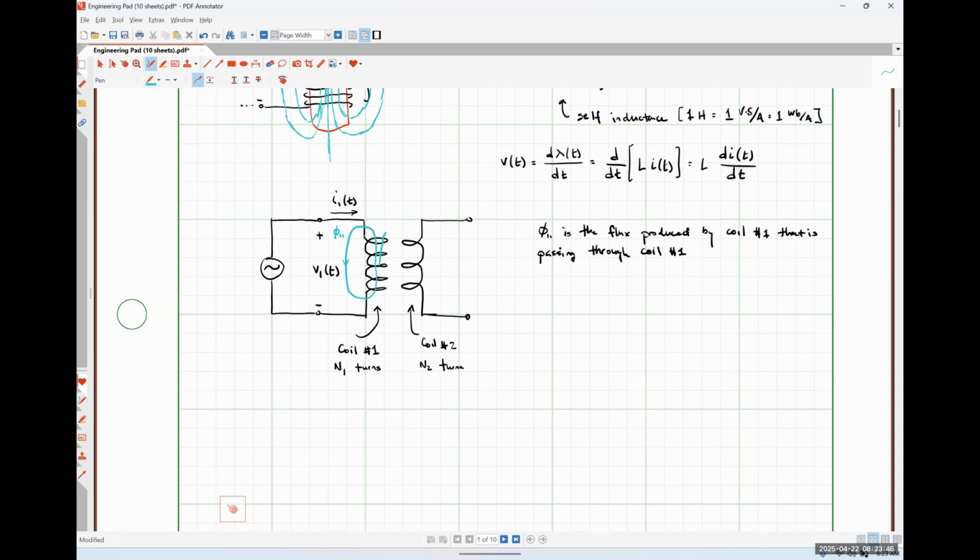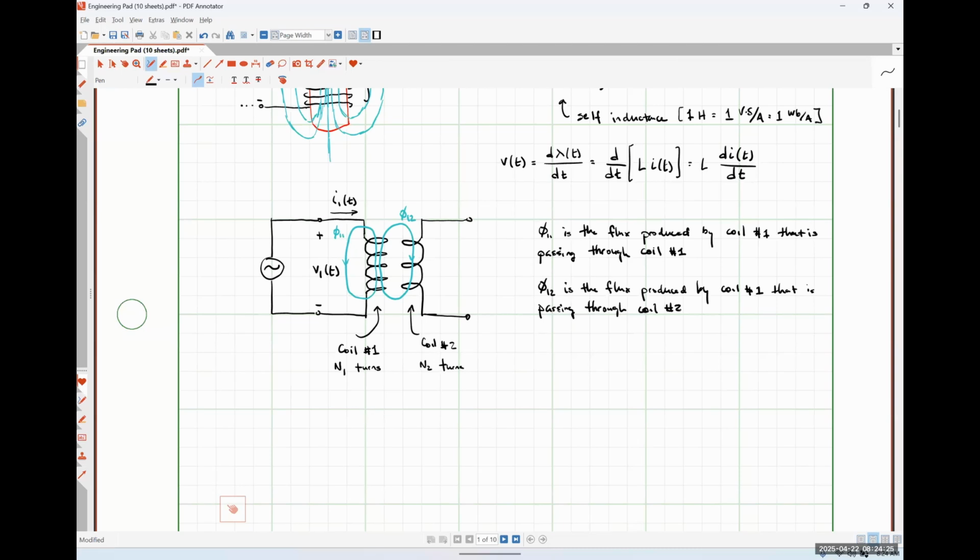And similarly, I'm going to have some flux over here, and I'm going to call this flux phi 12, where phi 12 is the flux produced by coil number 1 that is passing through coil number 2.